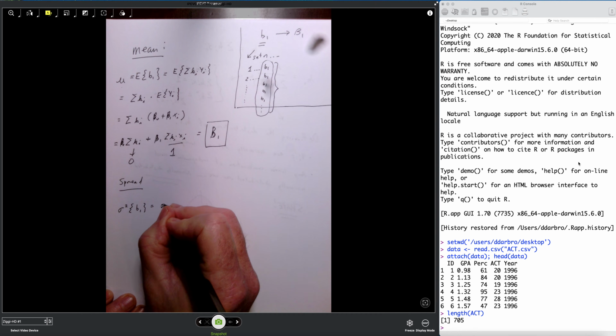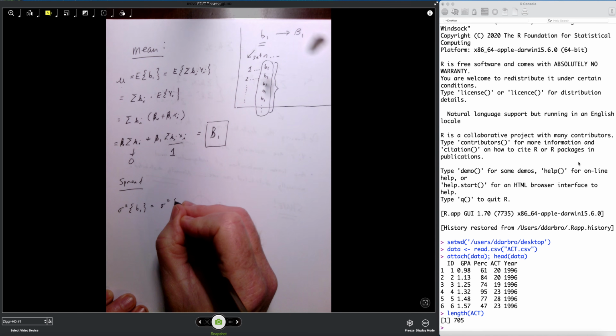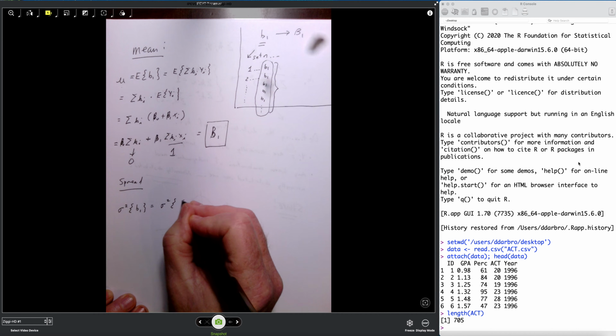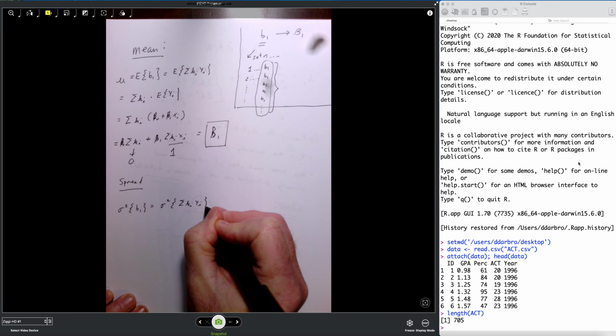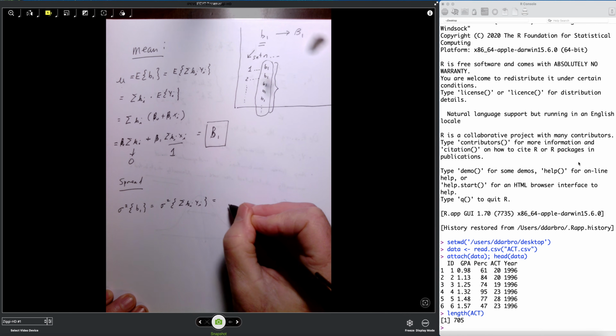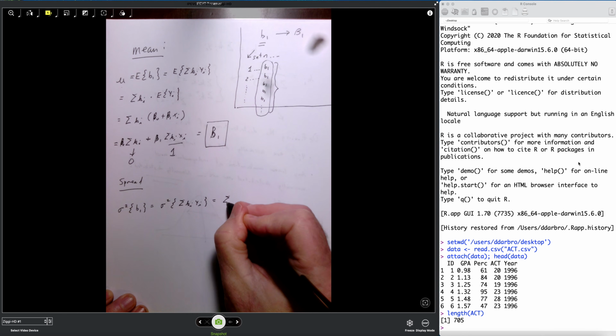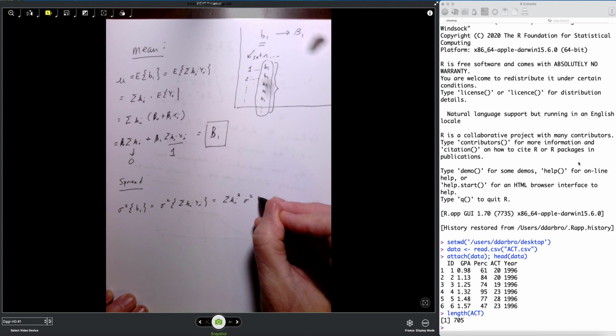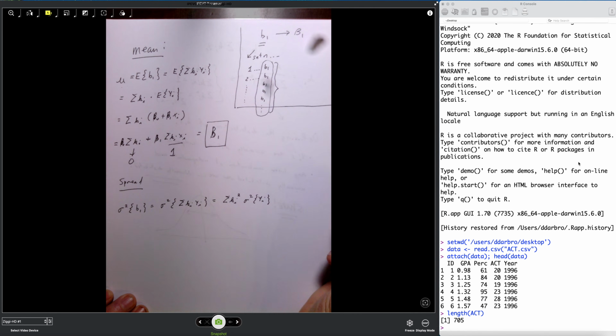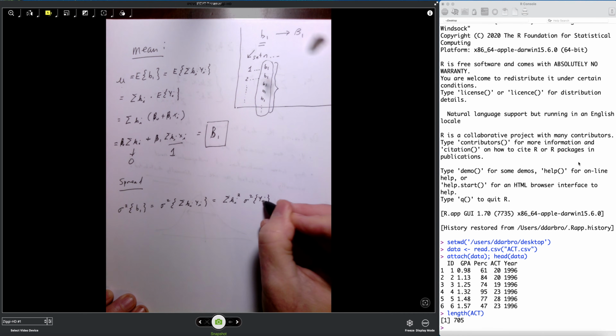Well, from before, b1 can be rewritten as the sum of the k sub i's y sub i's, and the variance is equal to the sum of the k sub i's squared, sigma squared, the variance of the y sub i's.